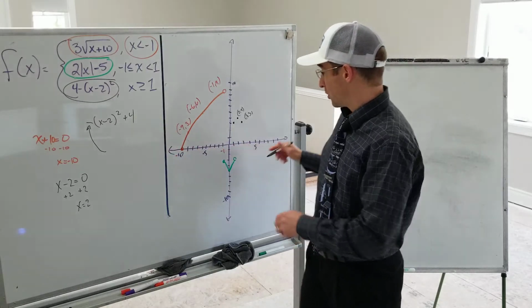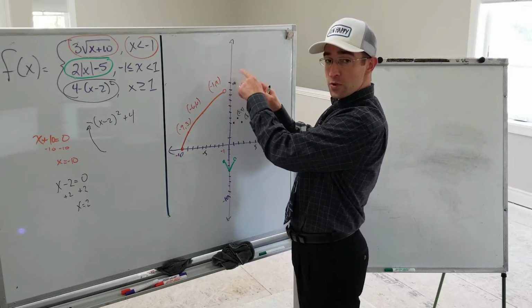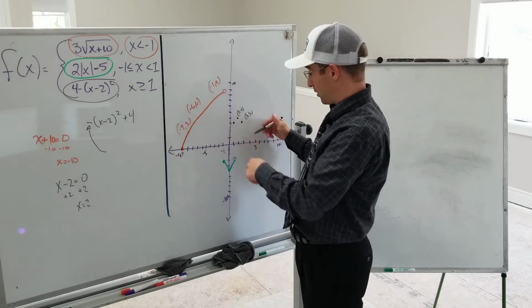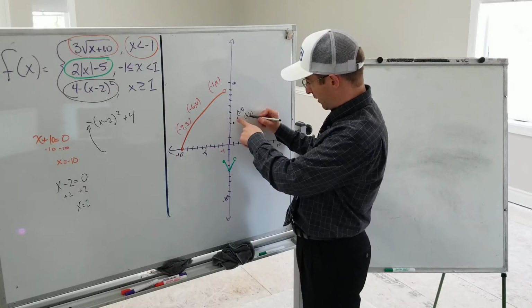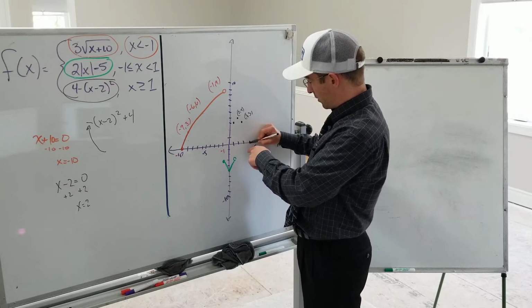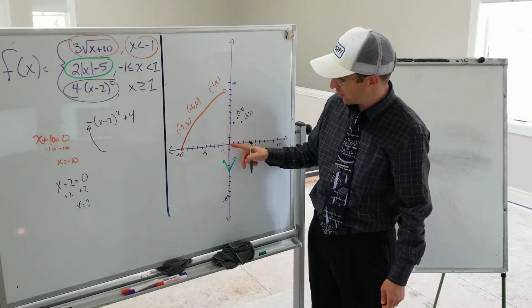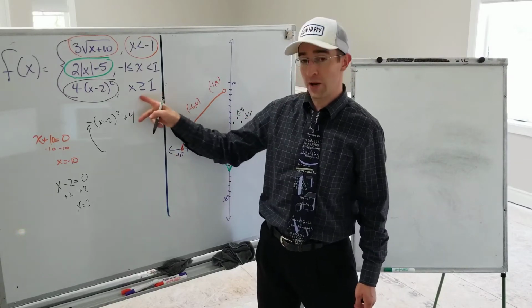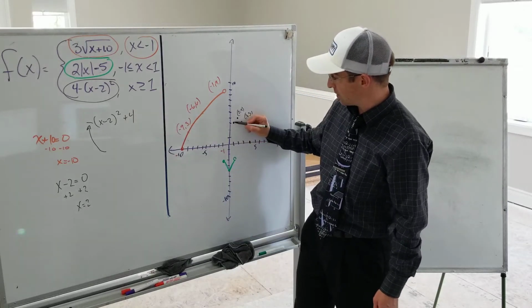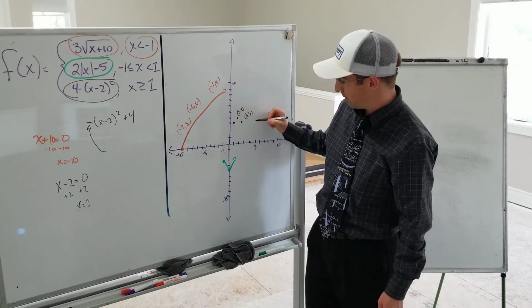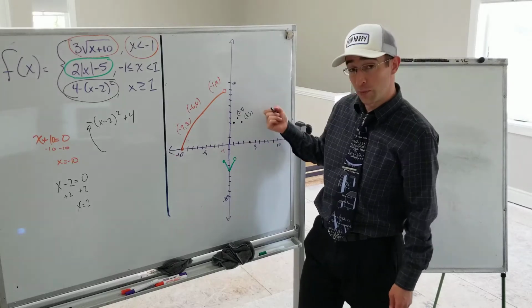Now if I go over 2, I would go up 4 usually. I'm going to go over 2 and down 4. So I'm going to go 2 from the vertex, and down 4, right there. Normally I would go 2 to the left and down 4 here, but we're only talking about x greater than or equal to 1, so I'm just going to keep this solid dot on 1. Okay, I can do one more point.